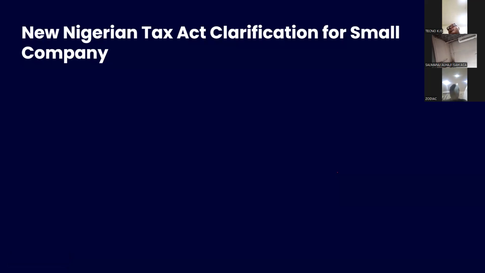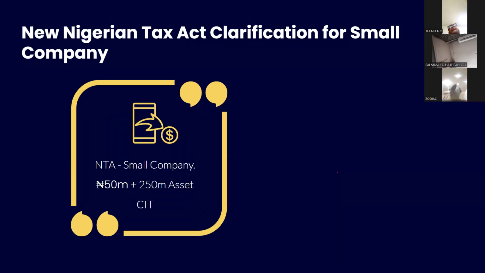The first gazette was released, which was the Nigerian Tax Act, which on page 126 stipulates that a small company is a company that has a turnover of 50 million or less, plus asset base of 250 million or less, excluding companies that offer professional services.